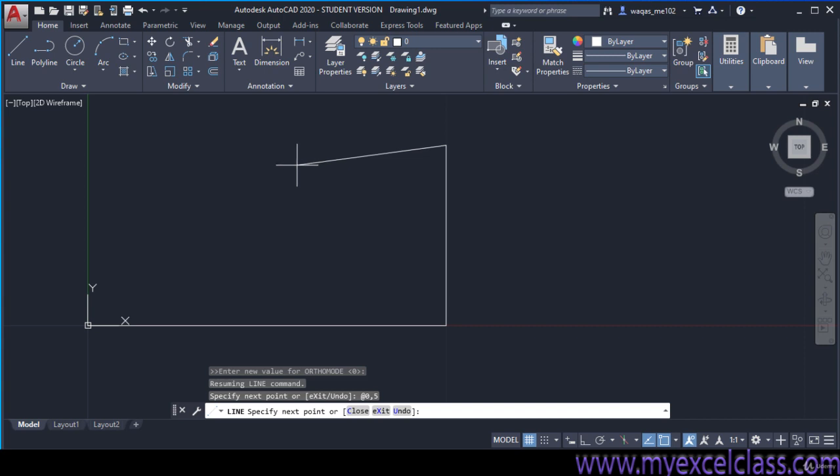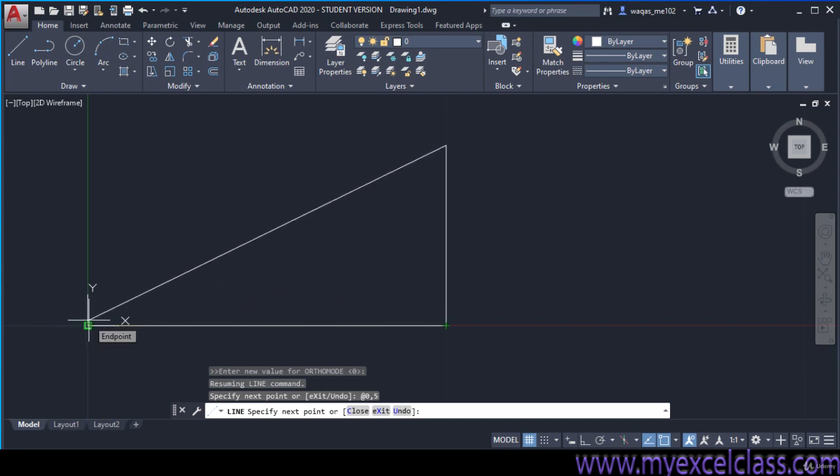Have you noticed? I'm writing this coordinate relative to the previous coordinate. I'm not putting this coordinate with respect to the reference coordinate.